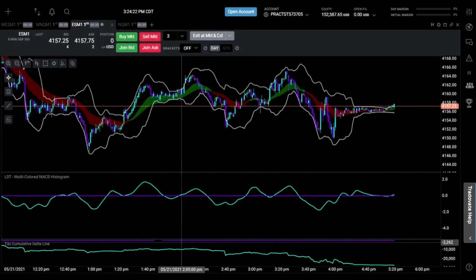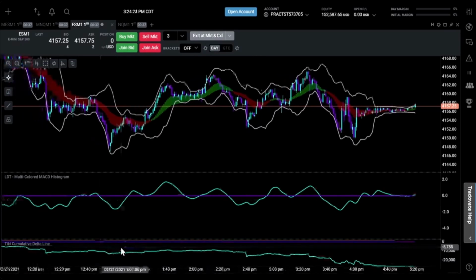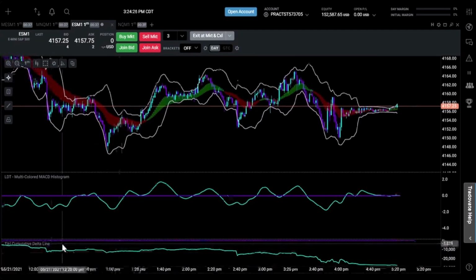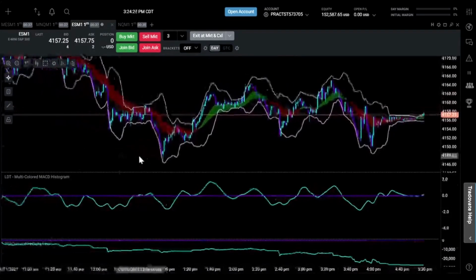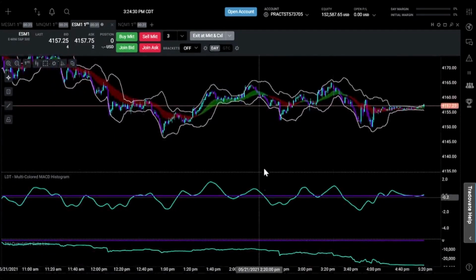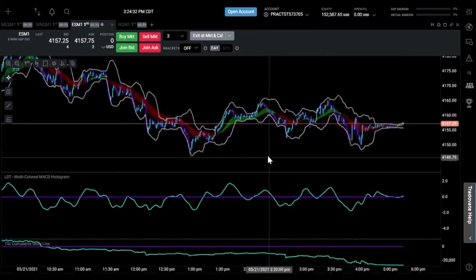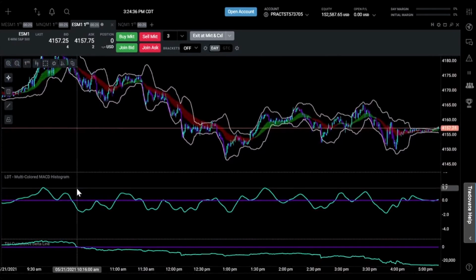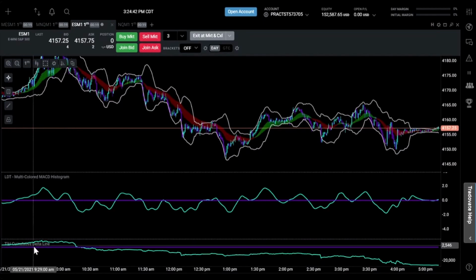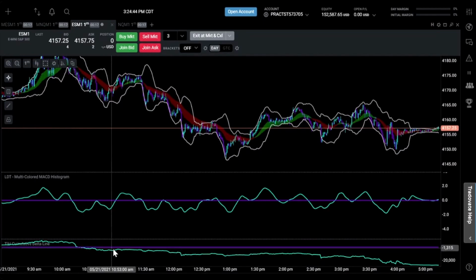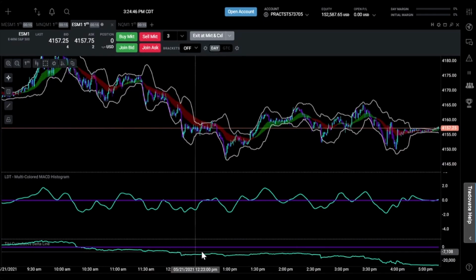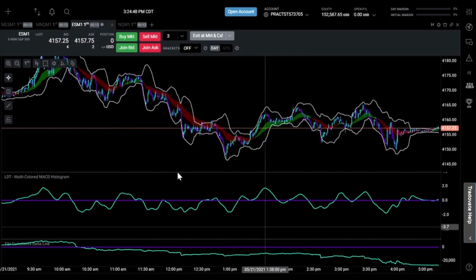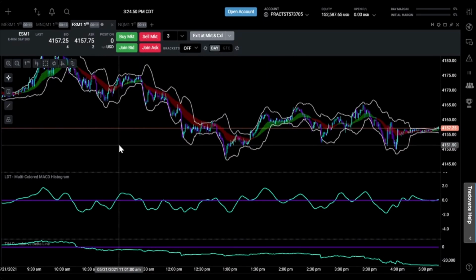What I like to do is use this for confirmation, right? We're on a 1 minute chart. As you can see, from 10:16 Friday morning, this Tiki cumulative delta line was just telling us, hey, short is your best direction, which we all knew at hindsight, right?